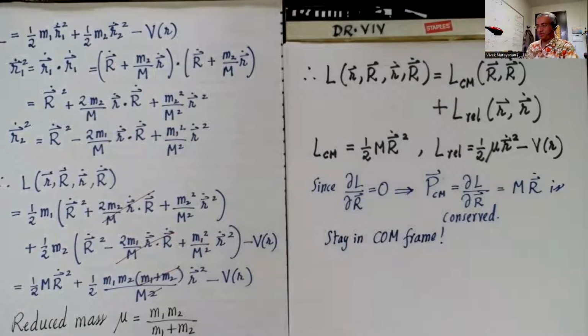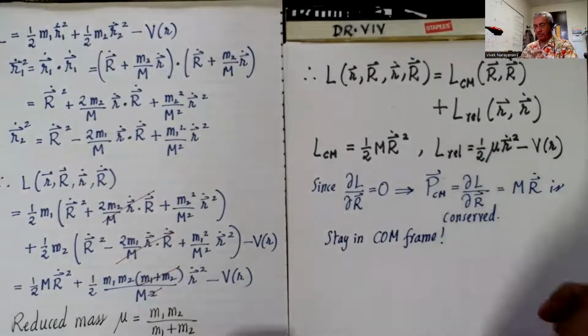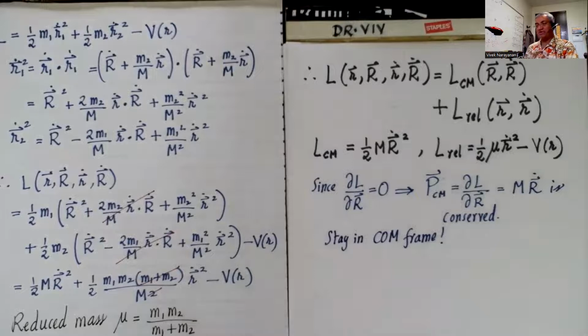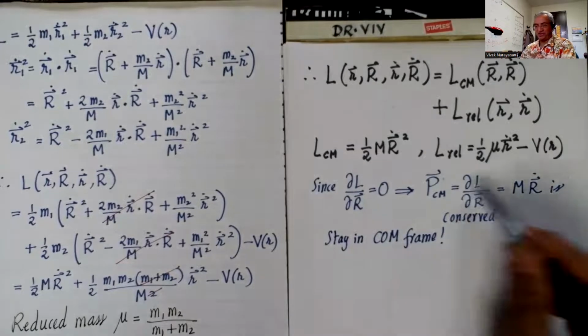All right, so the relative Lagrangian is interesting because we basically have reduced the two-body problem to a one-body problem. So that's the beauty of this reduction.